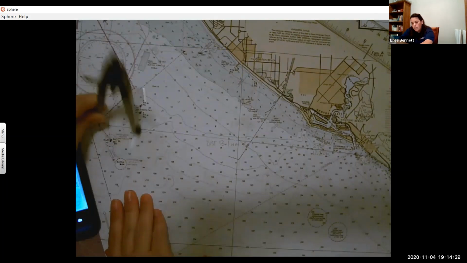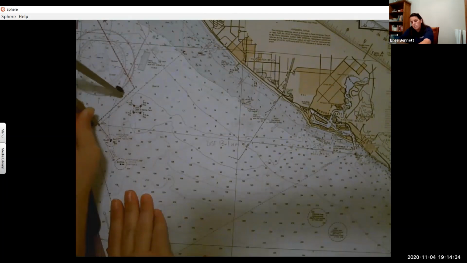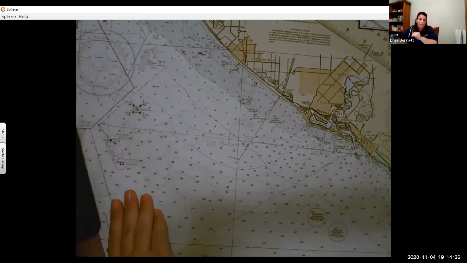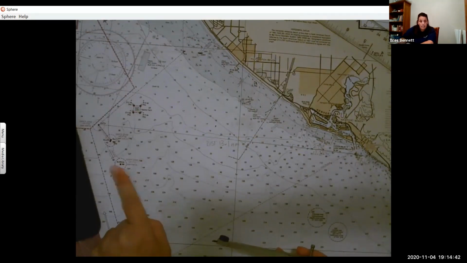I'm just going to swing an arc here. I'm somewhere along that arc at 1.8 nautical miles. And then Eureka down here is 0.9. So I'm going to get that on my compass.